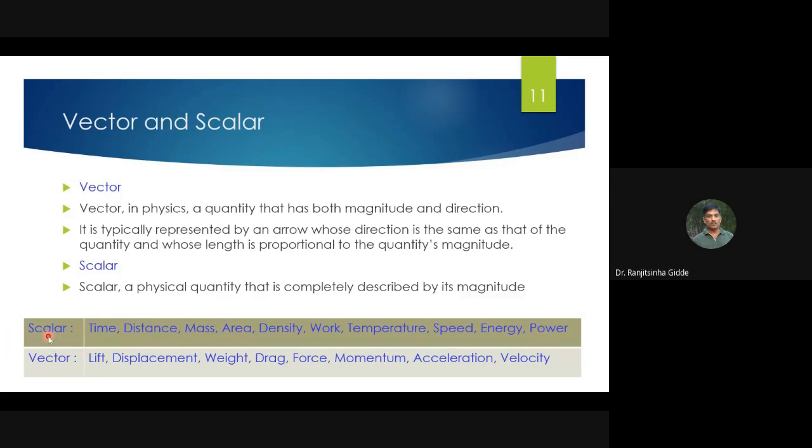Scalar quantities: time, distance, mass, area, density, work, temperature, speed, energy, and power. Whereas vector quantities: lift, displacement, weight, drag, force, momentum, acceleration, and velocity. I request all the students to write all the content on this slide.